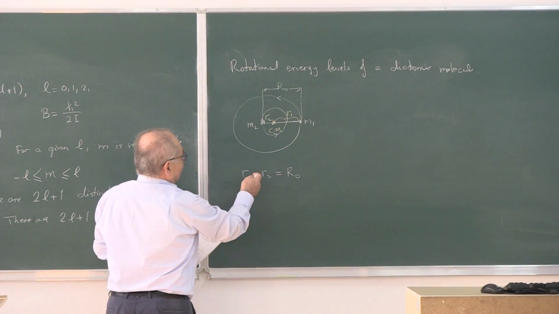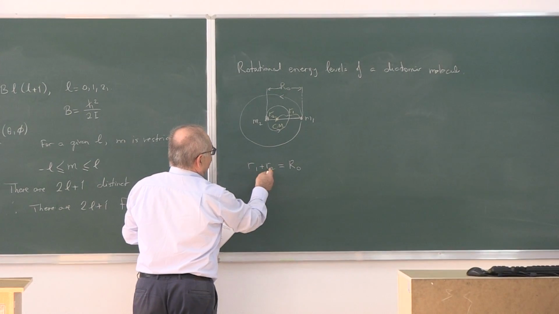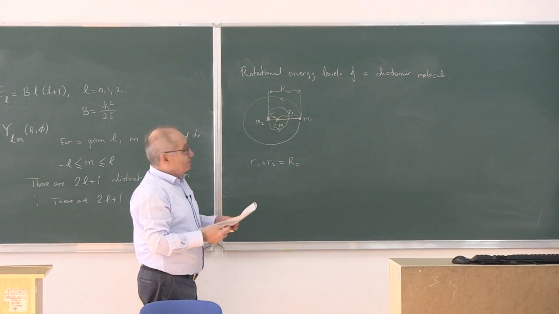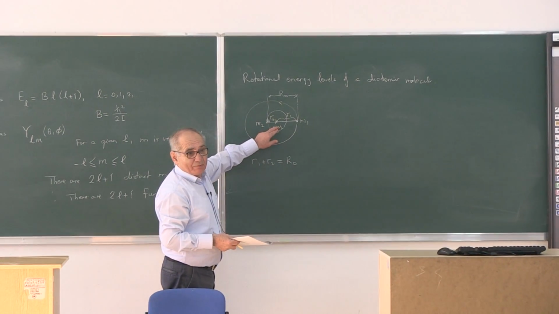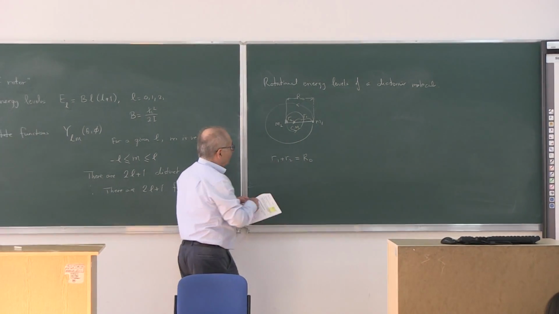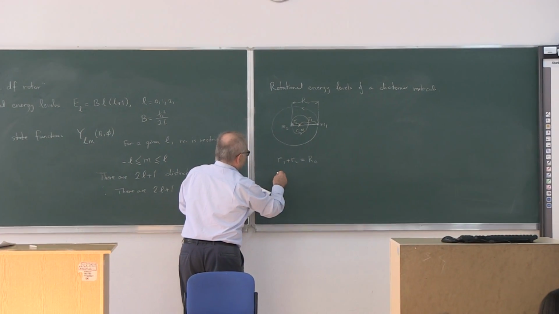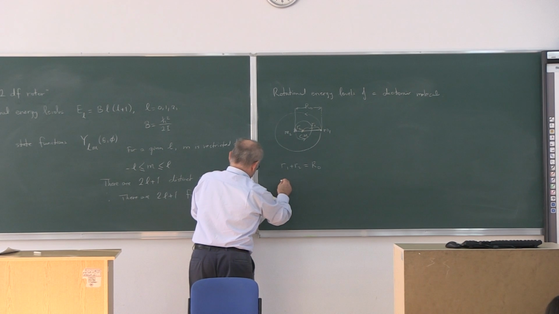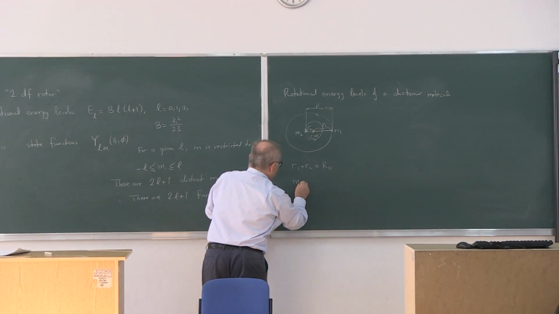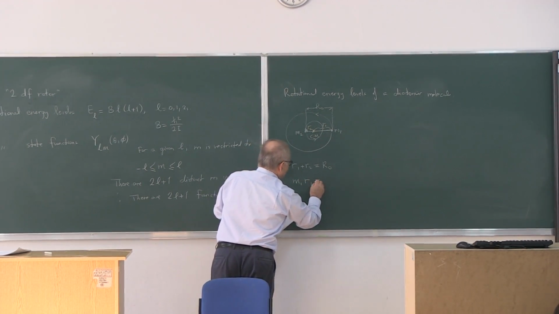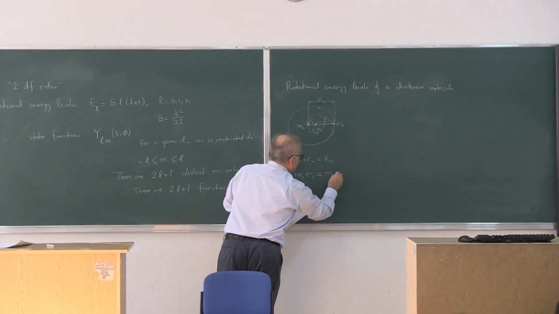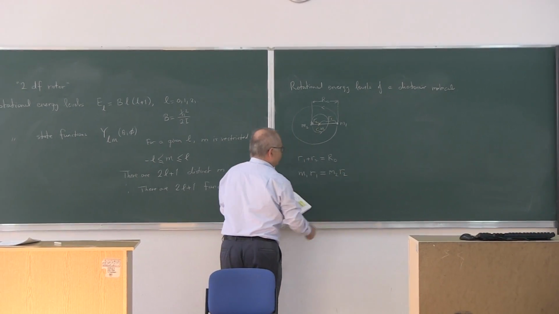Another relation between R1 and R2 arises from the definition of the center of mass. It is mass 1 times R1 must be equal to mass 2 times R2.